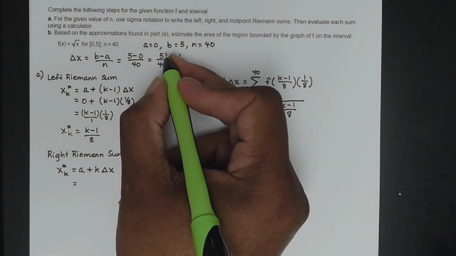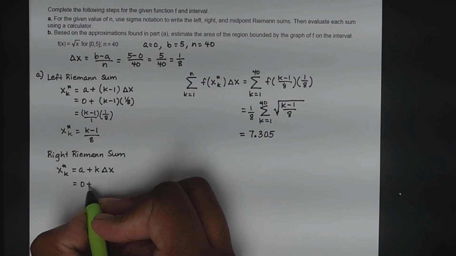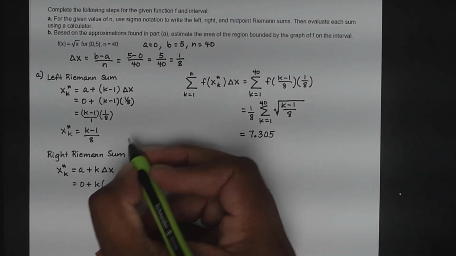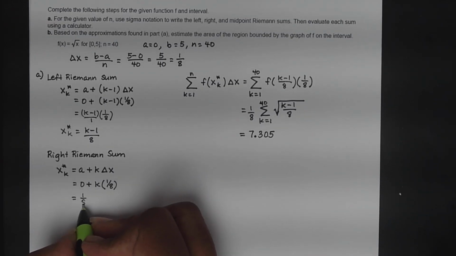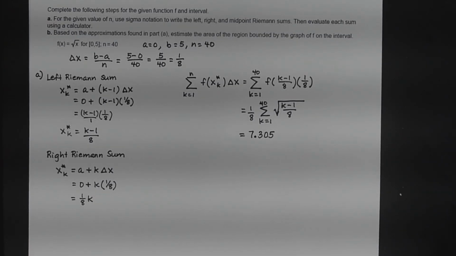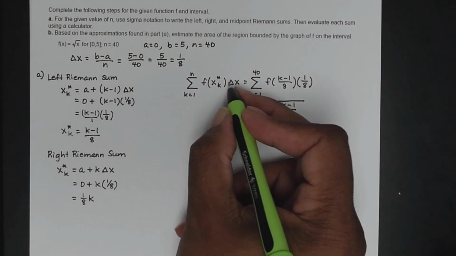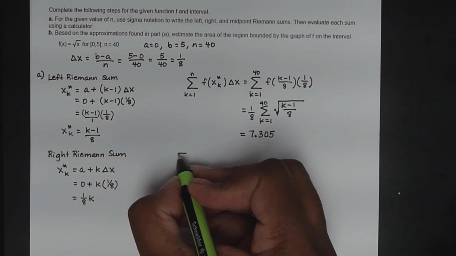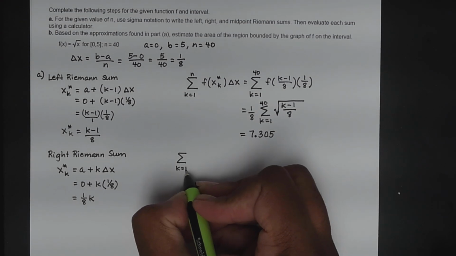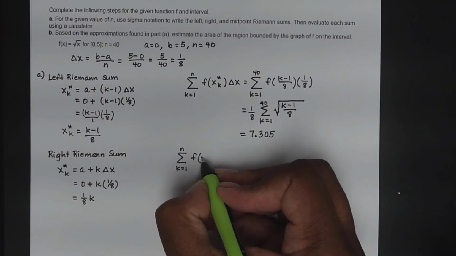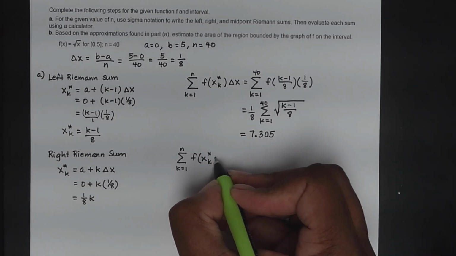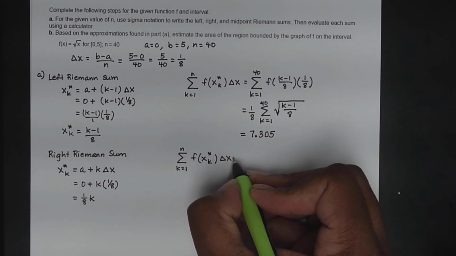My a, of course, is that 0 up there, so it'll be 0 plus k times my delta x, which is 1/8. If I simplify this a bit, this will be 1/8 times k. I'm still going to be using that notation, the summation for k equaling from 1 to n of f of x star sub k times delta x.